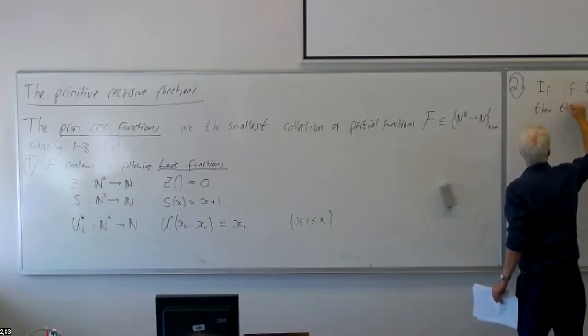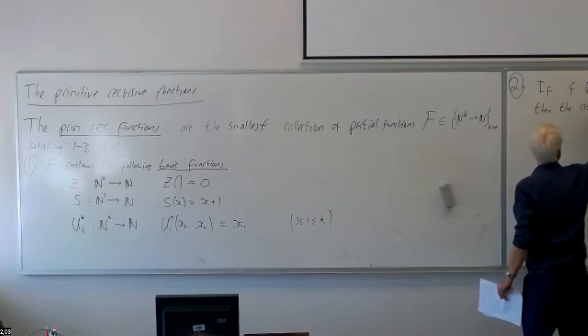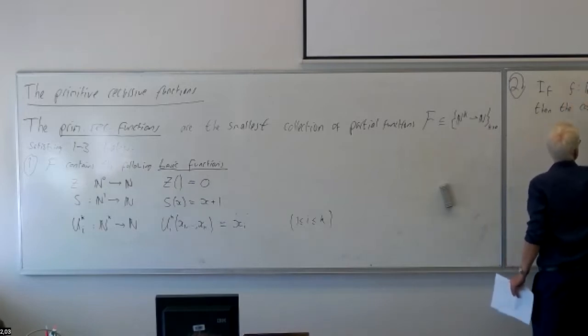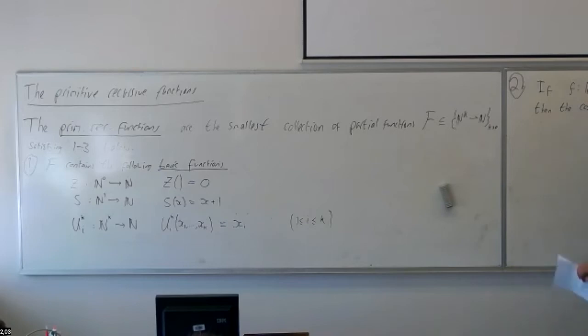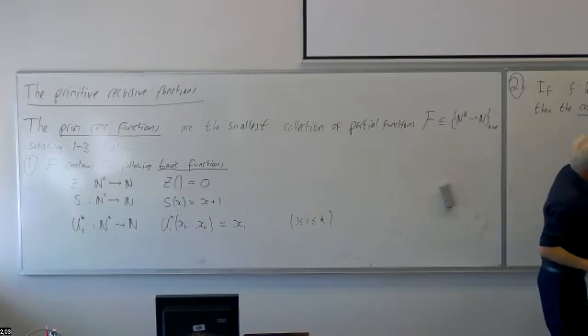then the composition, which I'm going to write f composed with the tuple g1 to gk, is also in F. How's this composition defined?